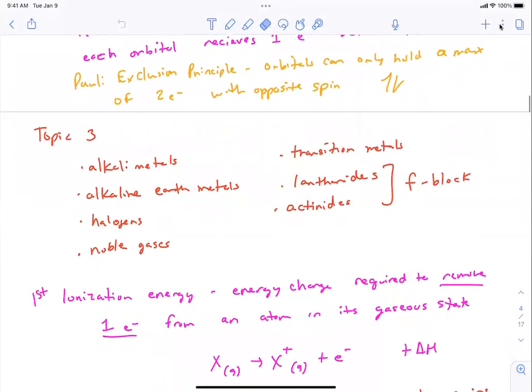Okay. Now, topic 3. Well, in Aufbau, what they would do is they'd move 1 electron from the lowest sublevel, the lowest energy state.